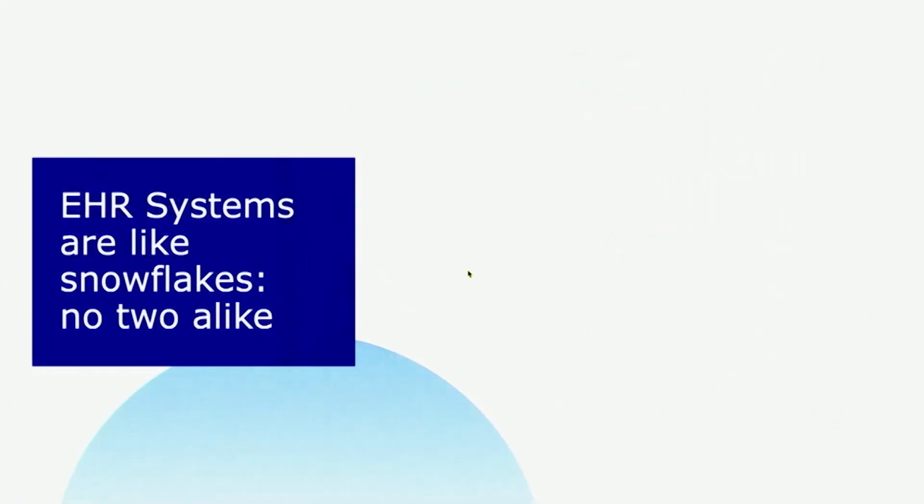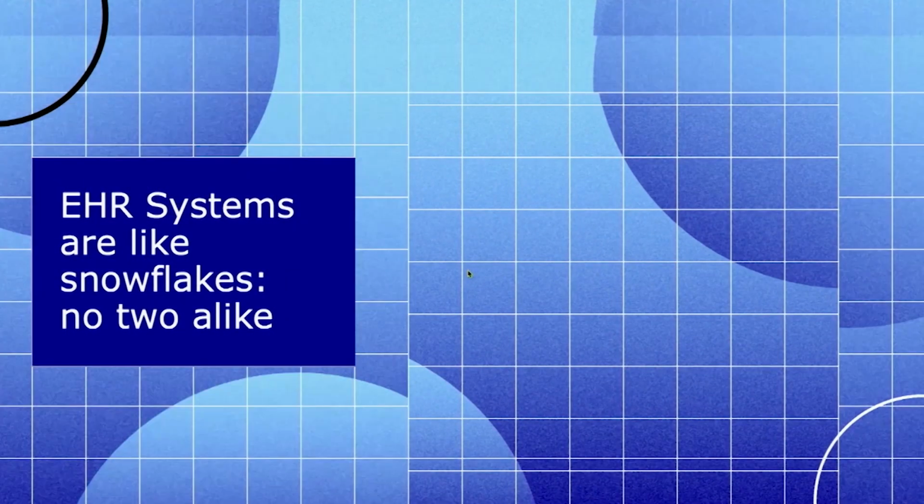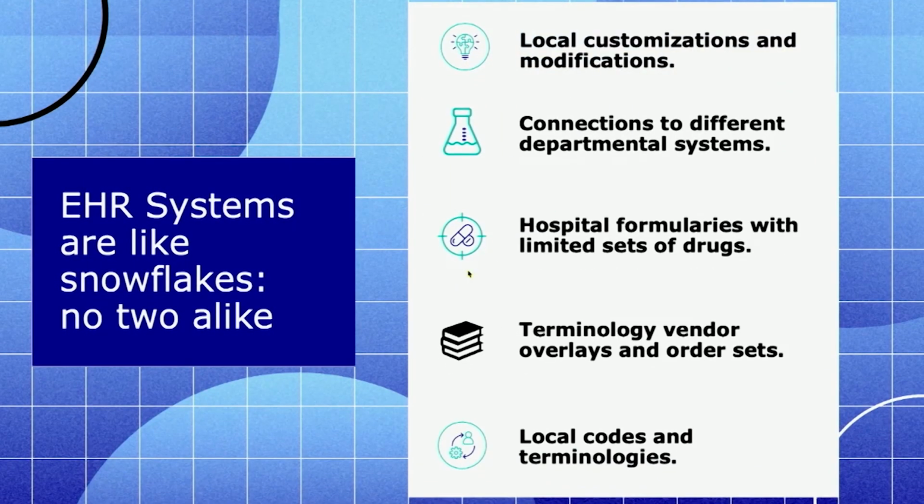But the problem is that EHR systems are like snowflakes. No two are alike. And the data in those EHRs, even though it's presumably analogous data across them, doesn't look the same. It doesn't look the same in an interoperability sense, and that's turned out to be a big part of the challenge. How does it get that way?